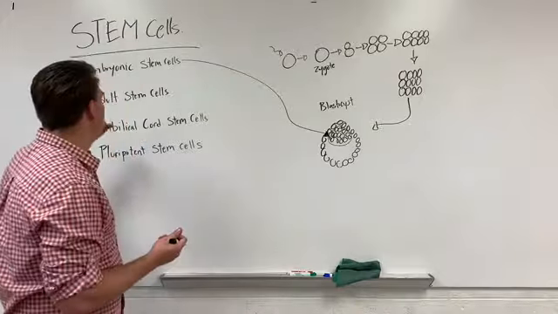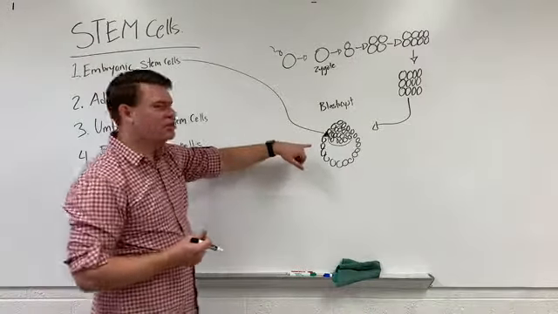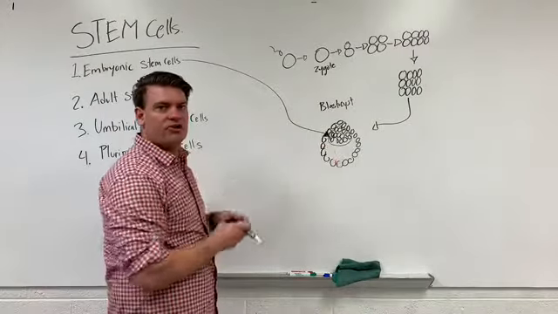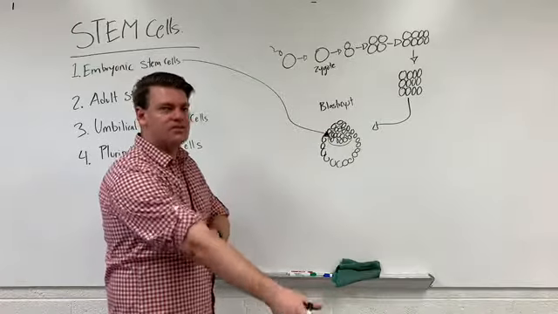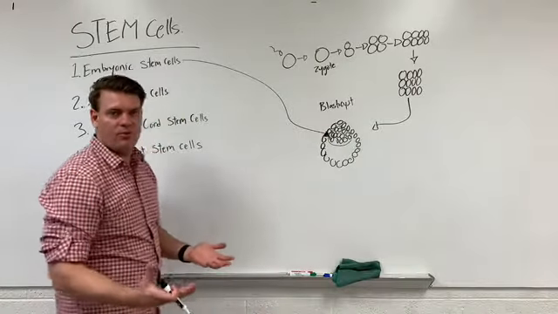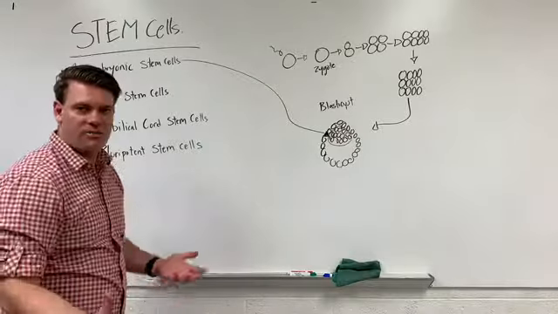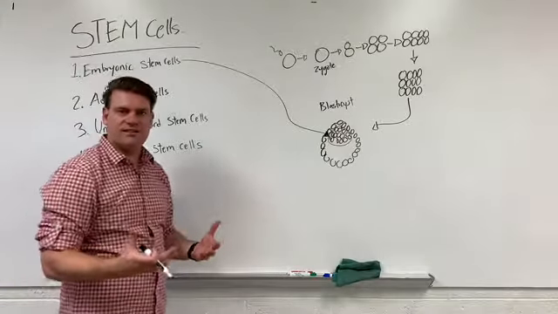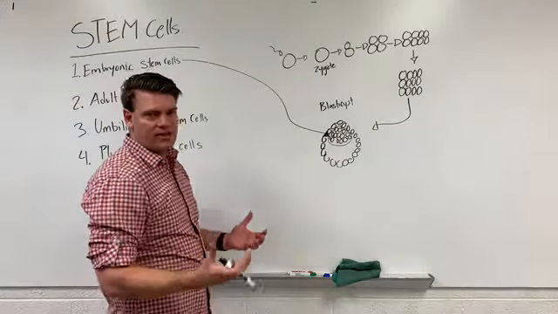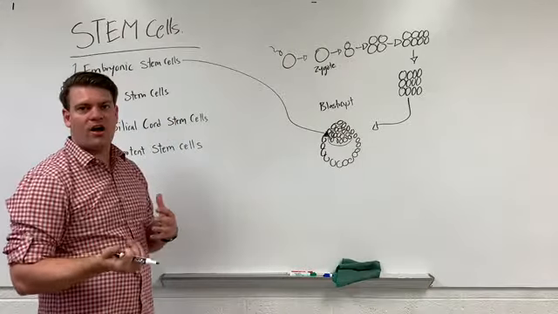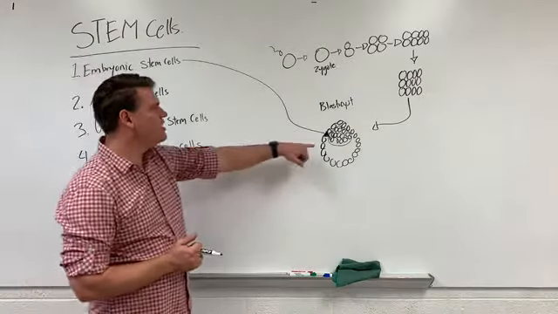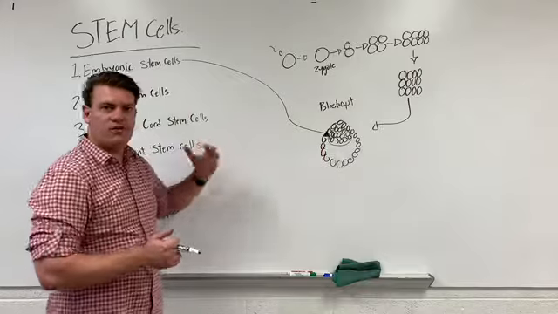Well, what if you could go get one of these stem cells, create another nerve cell, put it into that person, and therefore now they would be able to walk or be able to move their arms again, or to be able to do whatever it is that they were paralyzed from. So there's a lot of research going on in this area utilizing stem cells for that.